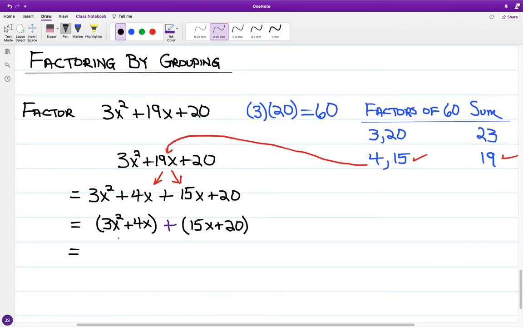And just taking what we have now, you have 3x squared plus 4x, and I'm going to draw out the greatest common factor of these 2 terms. Between 3x squared and 4x, the highest term is going to be x. And x will go into 3x squared plus 4x, and this will be 3x plus 4 times.